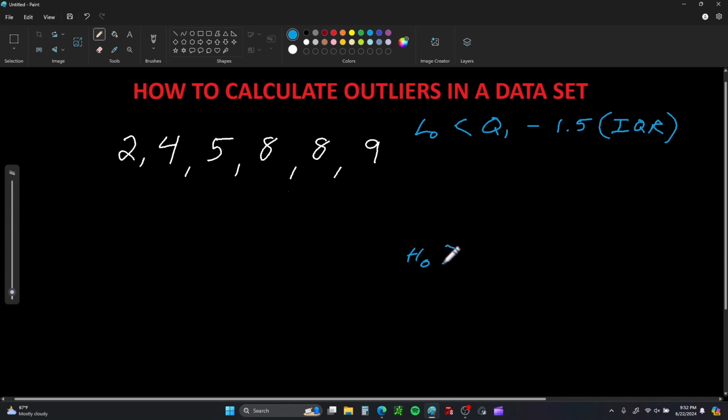High outliers are greater than Q3 plus 1.5 times the IQR. Now, in order to do this, I need to know what the quartiles are, and the IQR means interquartile range, so it's the distance between Q1 and Q3. Over here, I'm going to put Q1, Q3, and IQR.